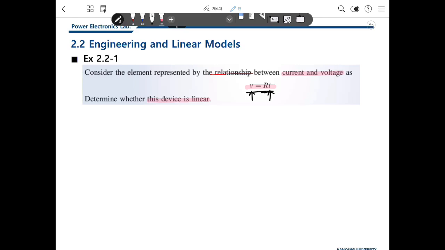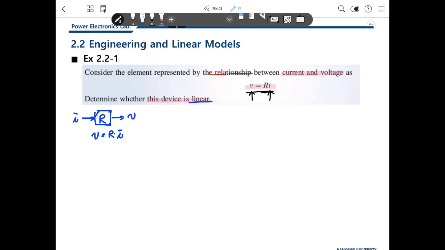That means we insert the current into the R system, and then R gives the voltage. This system is V equals RI. Then we need to check whether this is linear or not. To do that, we need to check the two properties.